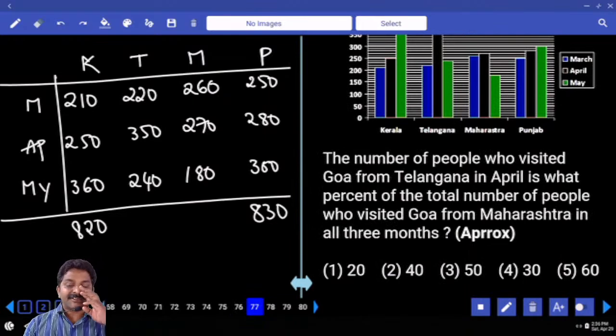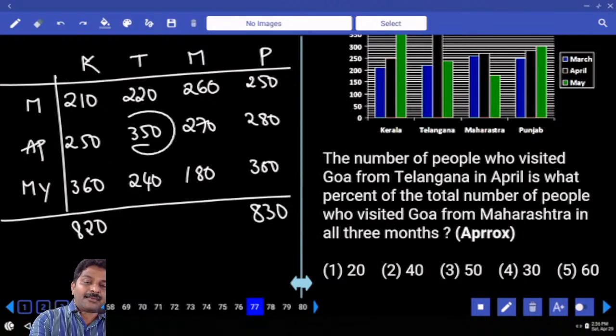The number of people who visited Goa from Telangana in April. How much? 350 is what percent of the total number of people who visited Goa from Maharashtra, all 3 months together? Okay. So now let's see. 180, 270. 450. 450 plus 200, 650. 650 plus 60, 710.